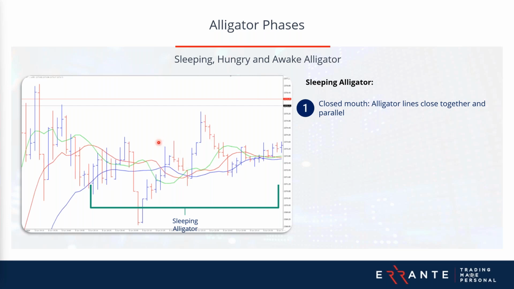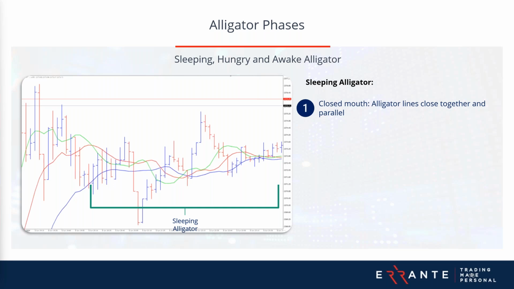And more importantly, on the top, we have the price, which is in the mouth of the alligator most of the time. During this phase, price movements are typically narrow. Okay, and we see the market is range bound.